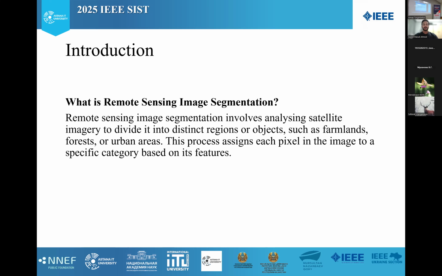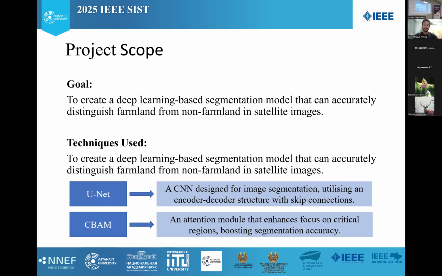Project scope. Our goal was to create a deep learning-based segmentation model that can accurately distinguish farmland from non-farmland in satellite images. So here we used a total of two classes. One is farmland, and the other objects are taken as non-farmland.